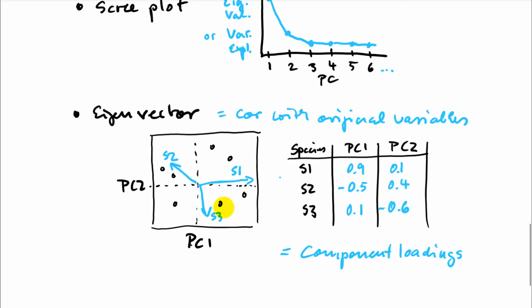Those that are down here have high frequencies of species 3, versus those plots up here, they will have low frequencies of species 3, and those over here will be rich in species 2, but won't have any of the species 1. So that's how you can interpret your point cloud.